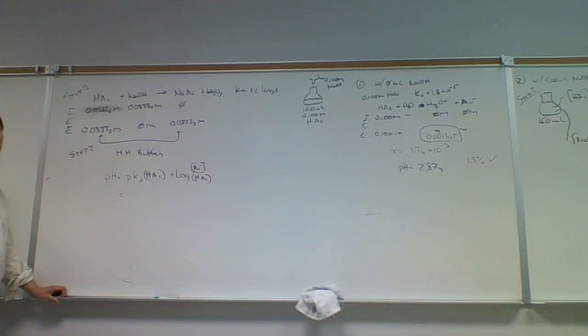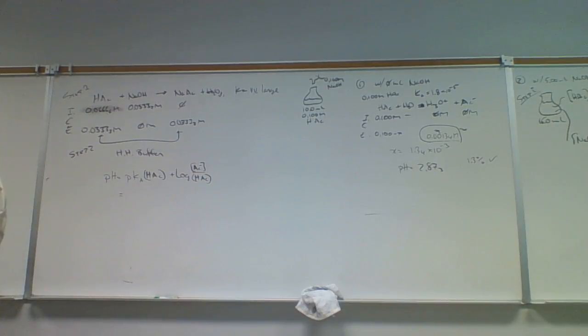To recognize HH buffers, the conjugates just have to share the same anions, but they only have to differ by one H plus. It doesn't matter about the cation. They just have to be a conjugate pair. They could be anything.